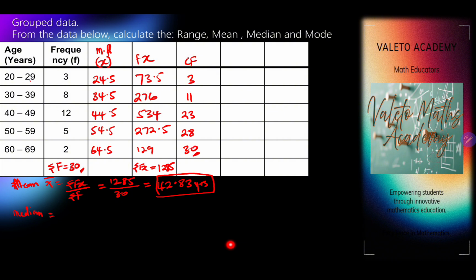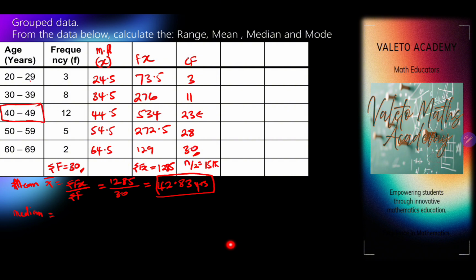Okay, from this, we say n over 2 to know where the median group, or the median class, is, and this is the 15th element. So where does the 15th element fall? The 15th element can be found here, so this automatically becomes our median class.